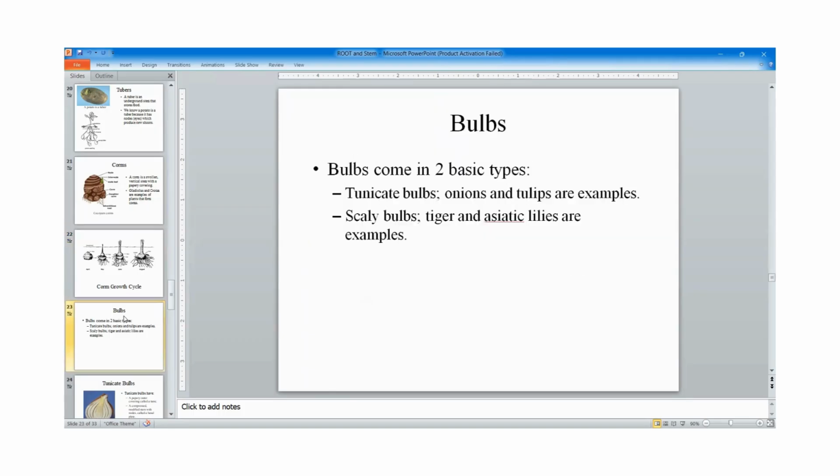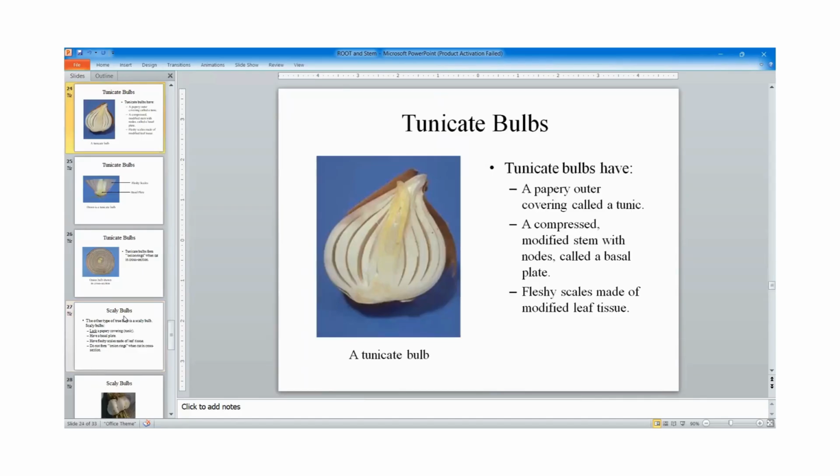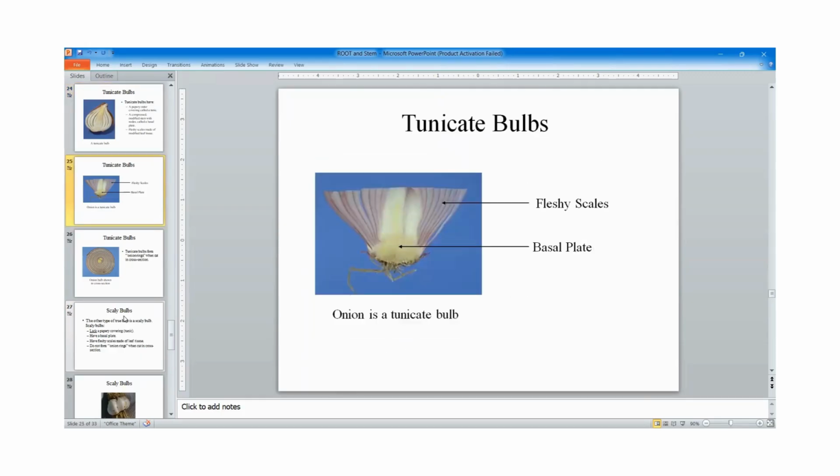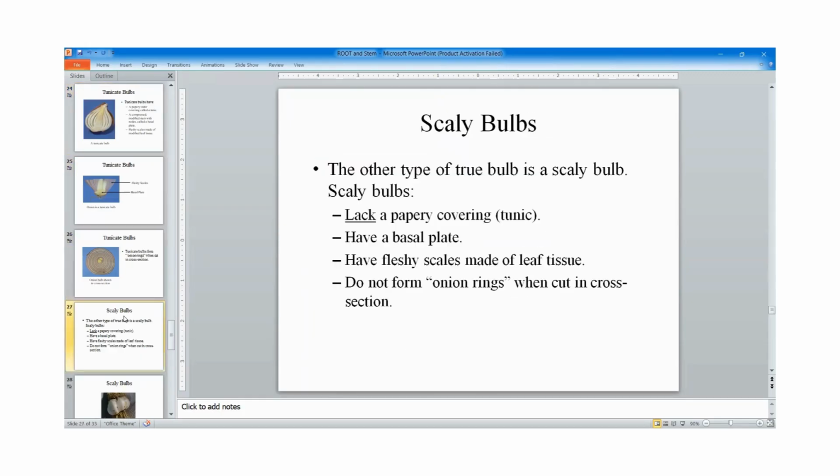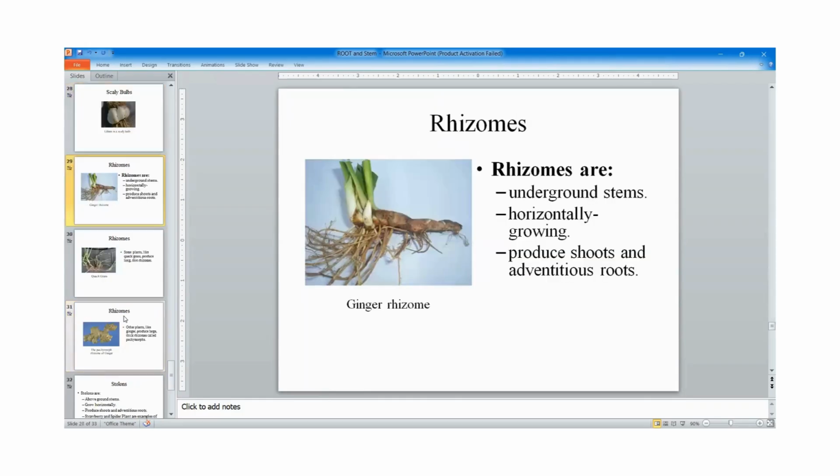Bulb is found in onion or lily. Rhizomes are underground stems. They grow horizontally, and their shoots have adventitious roots, which you can see here.